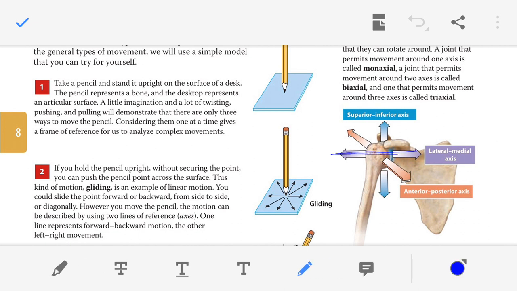We can move our arm in this direction, that is the lateral medial axis, and we can move our hand in this direction, that is the anterior posterior axis. So since we can move our hand in three axes, our shoulder joint is triaxial.